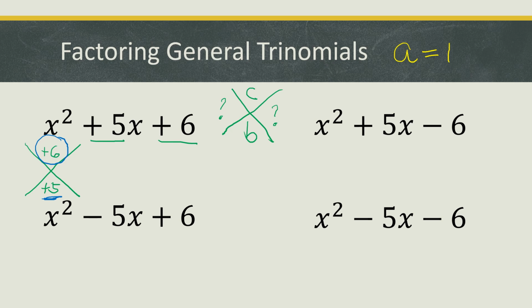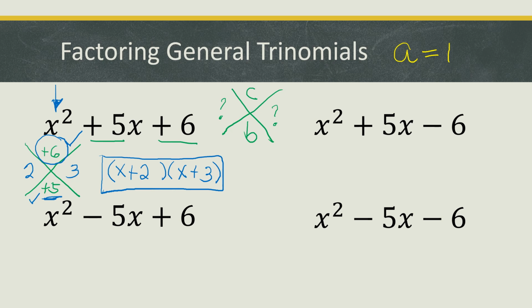So we have 2 times 3 is 6, and 2 plus 3 is 5. So therefore, these are the two factors: positive 2 and positive 3. And as we factor the first term, x squared, that is x times x. So these are now the two factors of our first example.